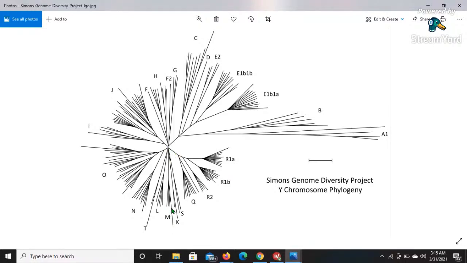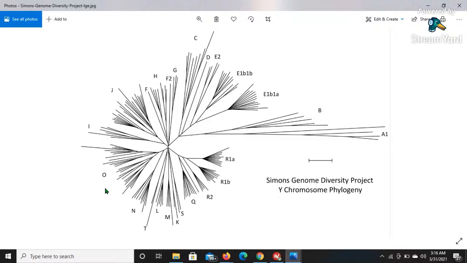So the M, it's not going to make much difference. The M, the K, the S, the L, the T could be individuals, except for maybe the L and the T. So we'll say 1, 2, 3, 4, 5, 6.